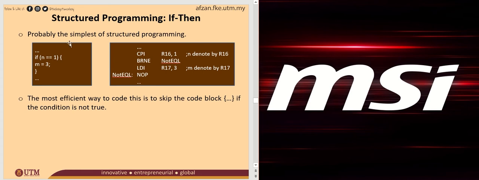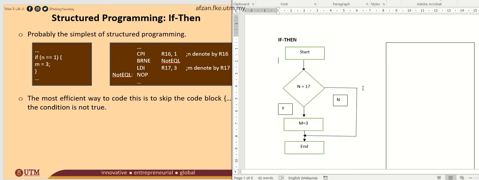First things first, make sure that you draw the flow chart first. Why a flow chart? Because we want to see how we are going to do the structured programming, so it is easy for us to write the program later in assembly language. So this is the flow chart for if then.